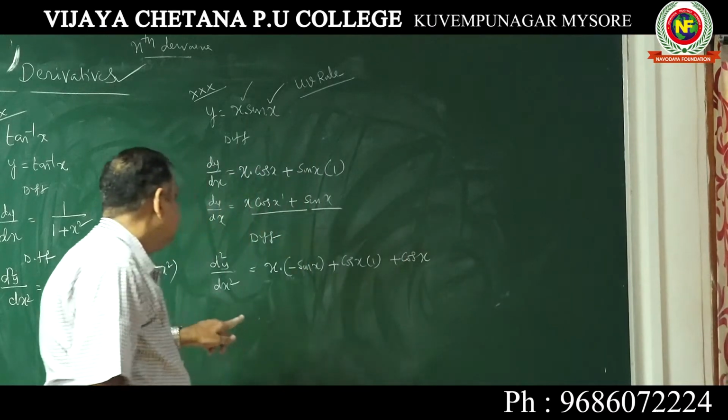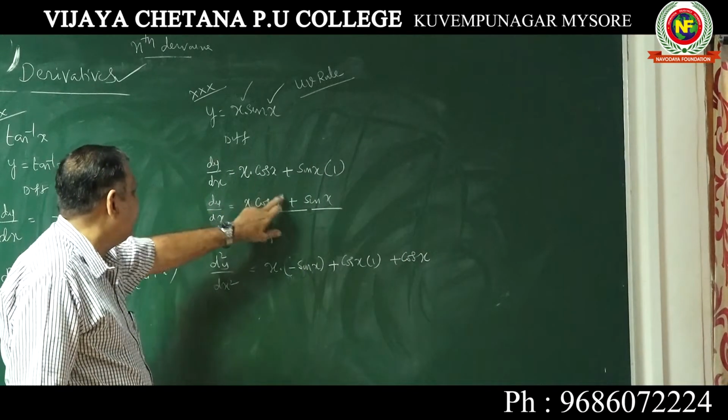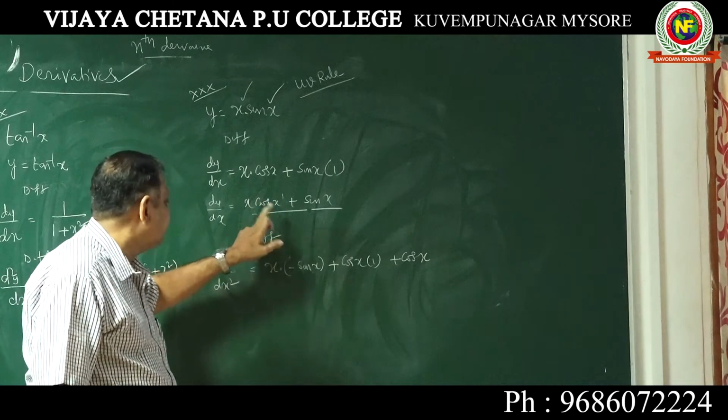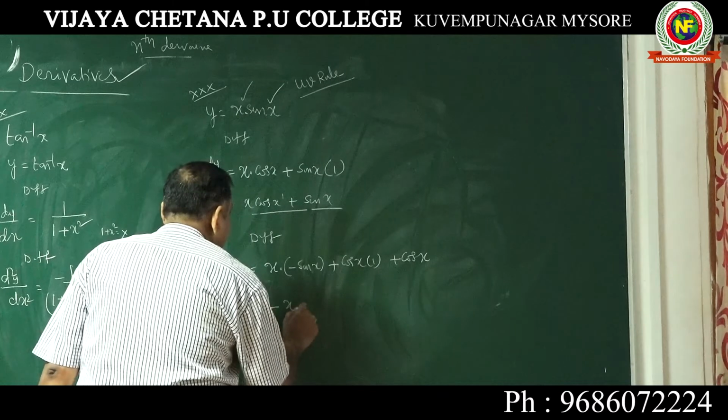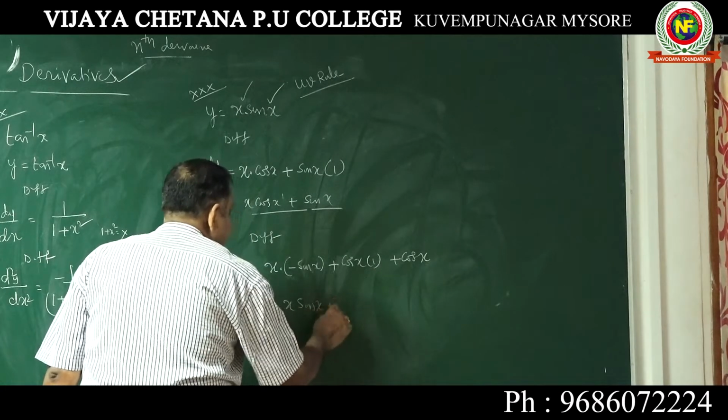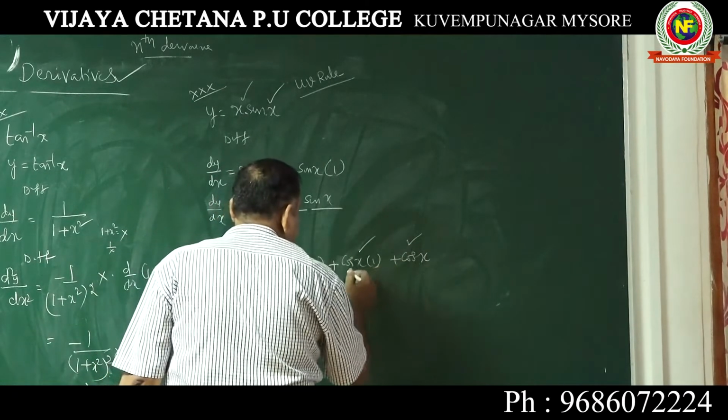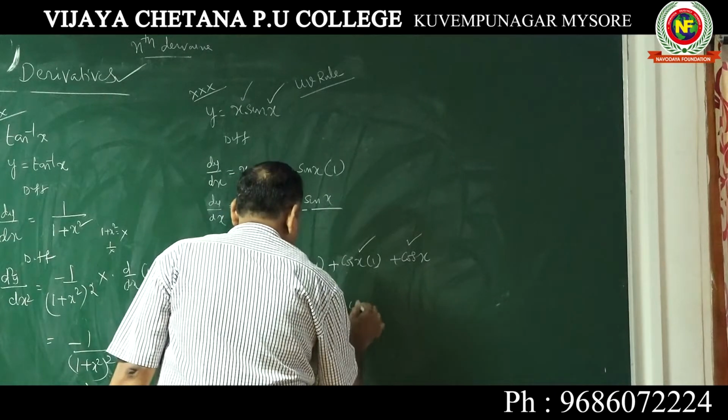So minus x sin x plus cos x into 1 plus sin x differentiation cos x. Cos x into 1 is cos x, plus cos x, it is 2 cos x.